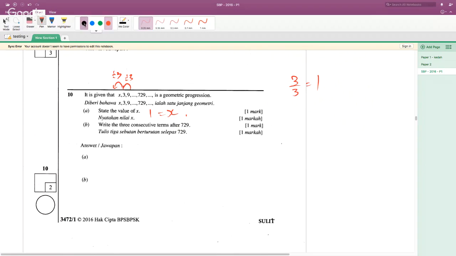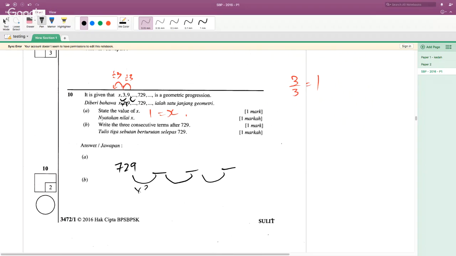Then the next thing is to write the 3 consecutive terms after 729. If you go backward it's divide by 3, so going forward it's multiply by 3. Three consecutive terms means the continuous terms: my next first term, second term, and third term.